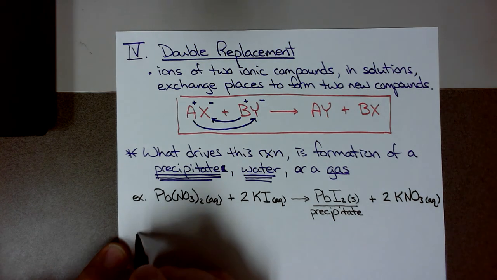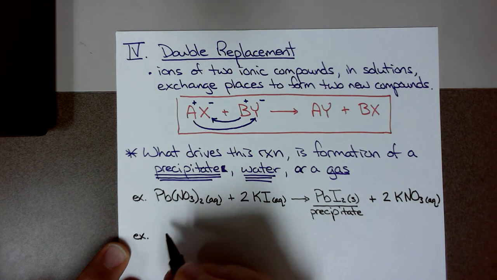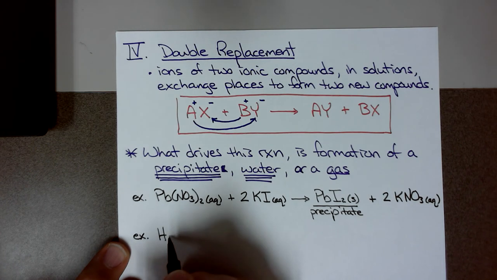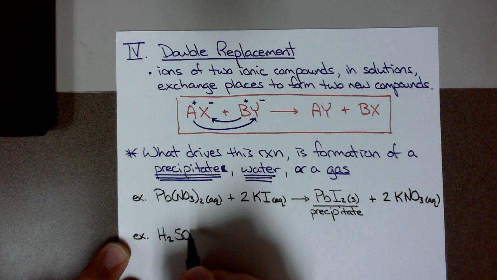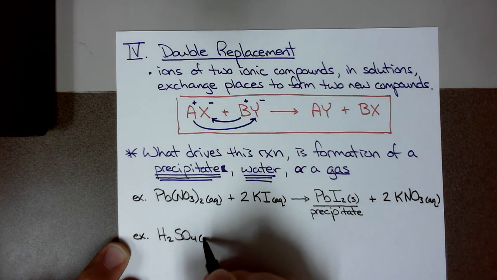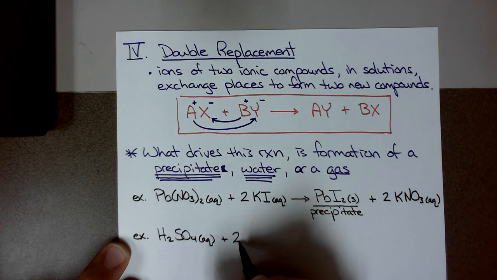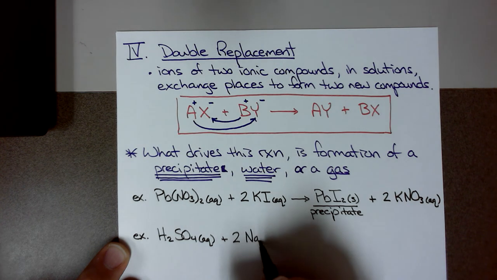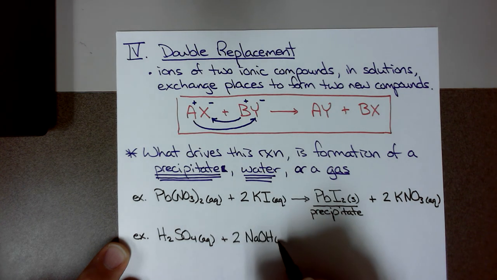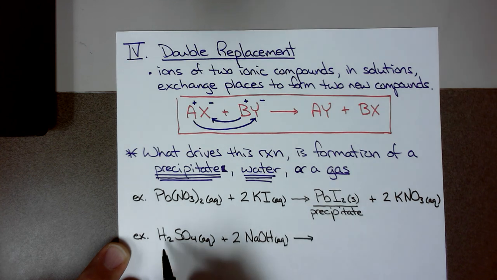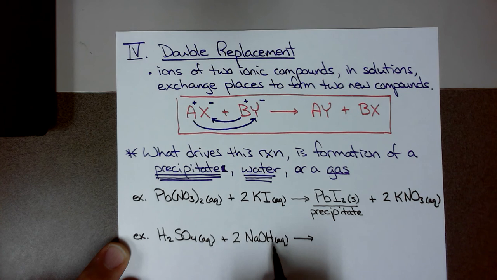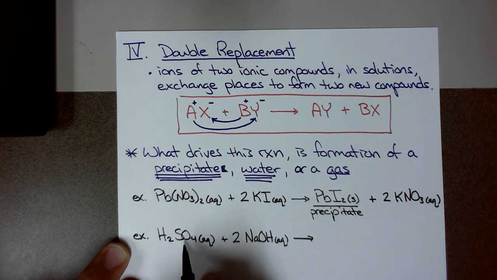Another example would be if we took sulfuric acid, H2SO4, aqueous, plus sodium hydroxide, so 2 moles of sodium hydroxide, aqueous. And remember, the positive goes with the negative, the OH, and the Na positive goes with the SO4 negative, okay?